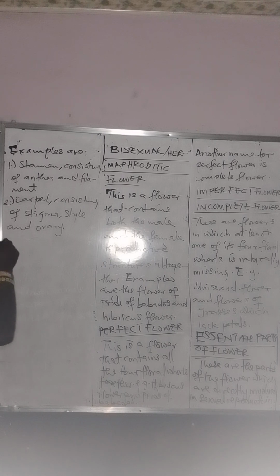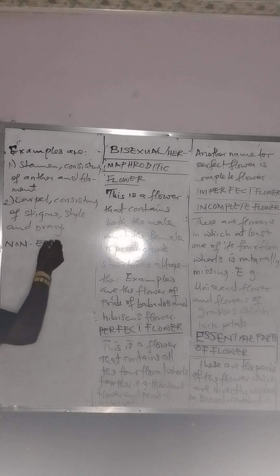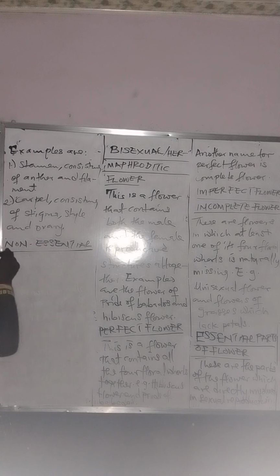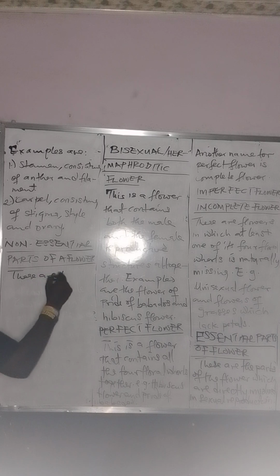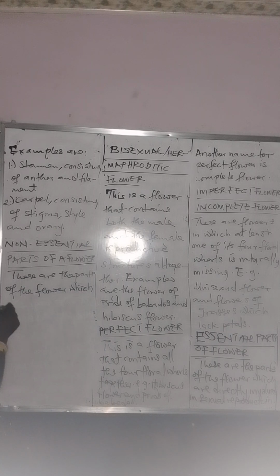Now let's look at non-essential parts of a flower. What are they? These are the parts of the flower which are not directly involved in sexual reproduction.